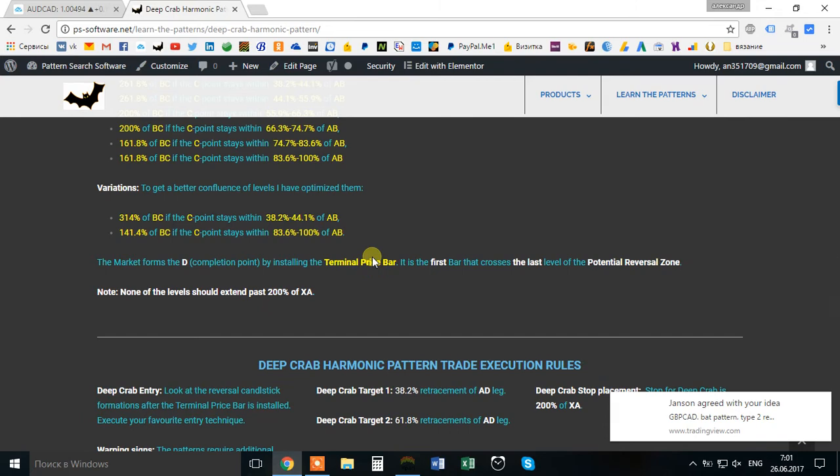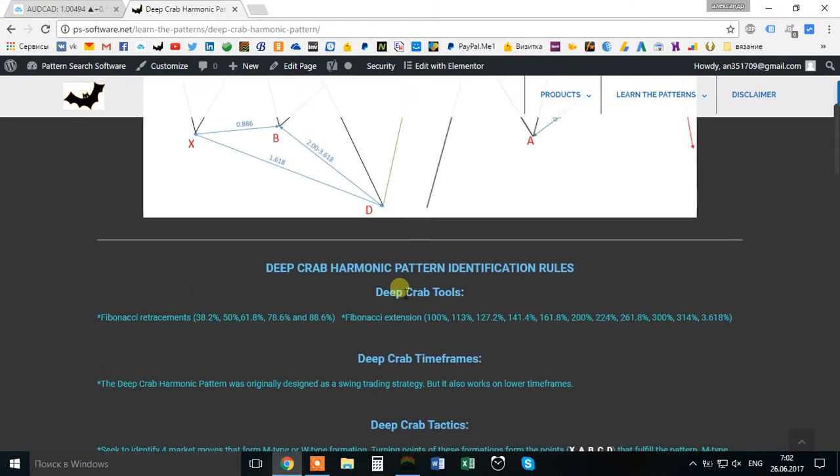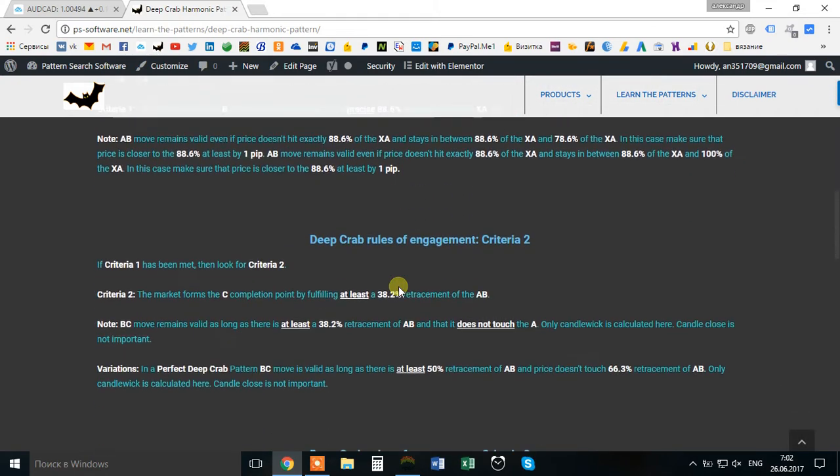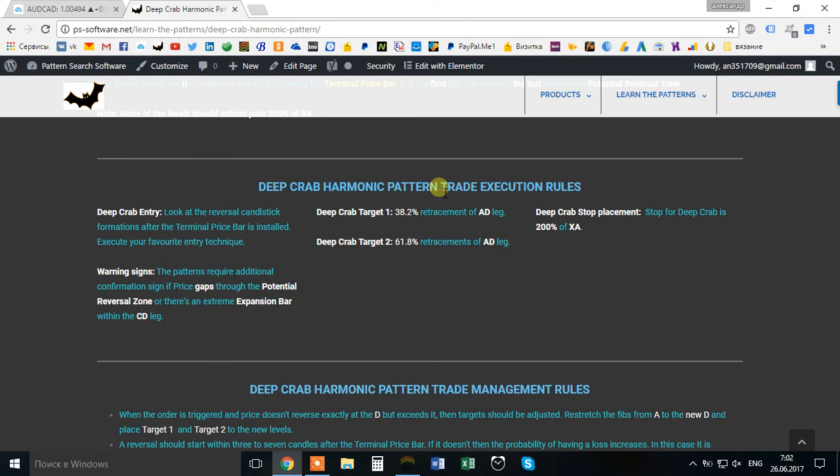Okay, so this is the identification part. Pretty difficult, it takes the largest space to describe.